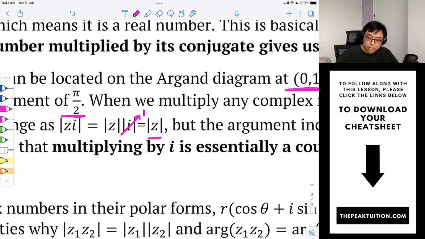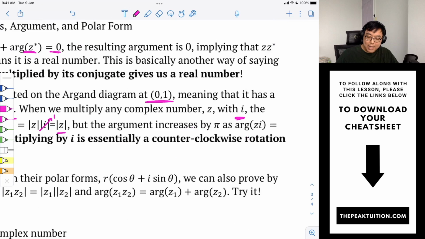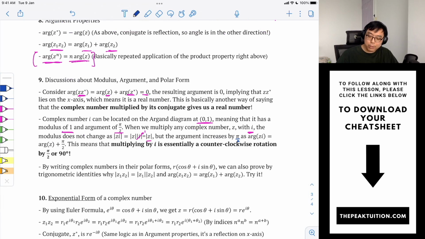Therefore the modulus does not change, but the argument increases by pi over 2, not pi, sorry, this is pi over 2, another typo. This argument increased by pi over 2 as the argument equals to this.